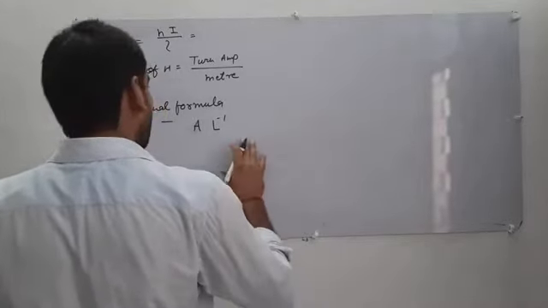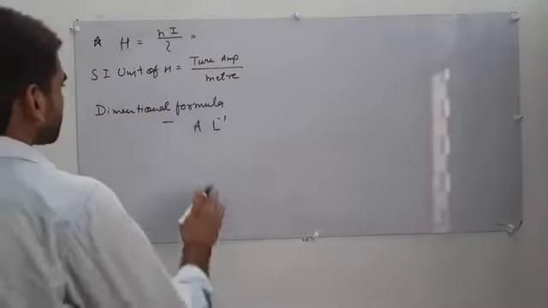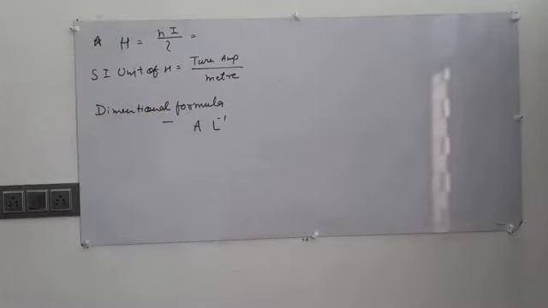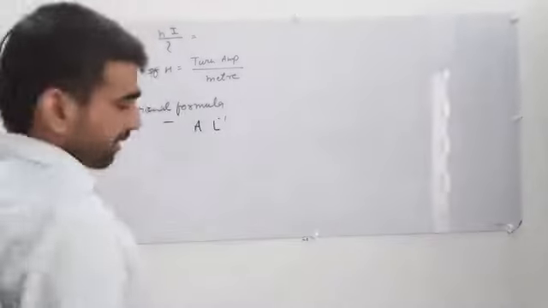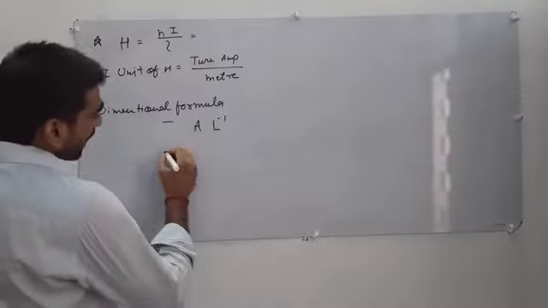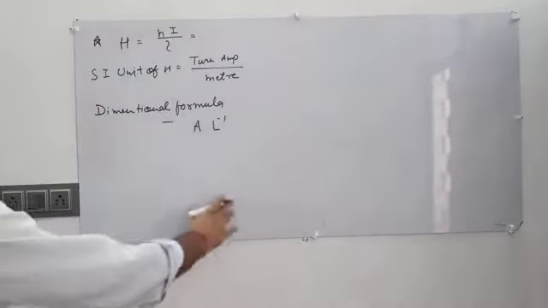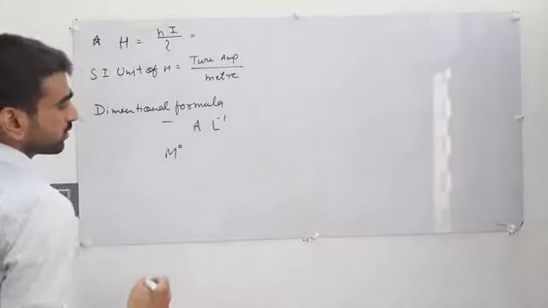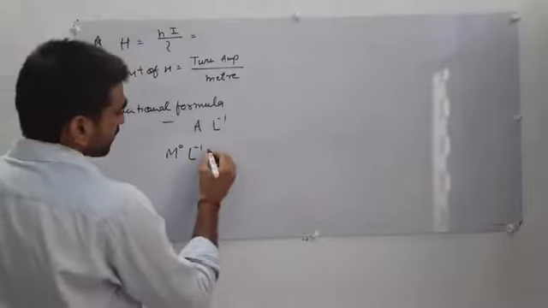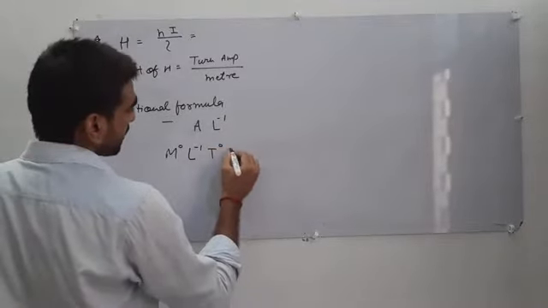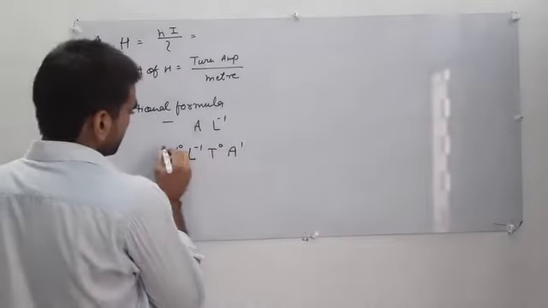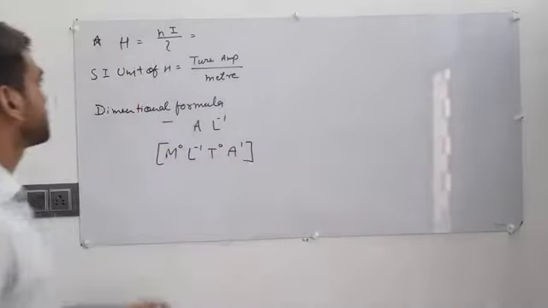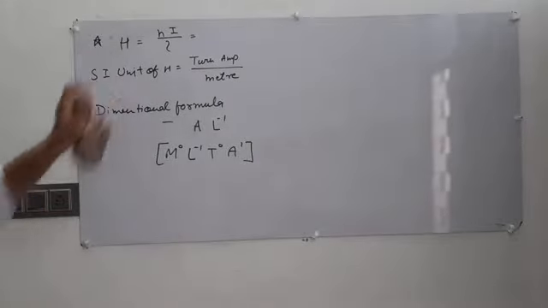If I talk about the dimensional formula, it can also be written in terms of M, L, T, and A. That means it can also be written as M0, L minus 1, T0, and A. So this is the dimensional formula of H.